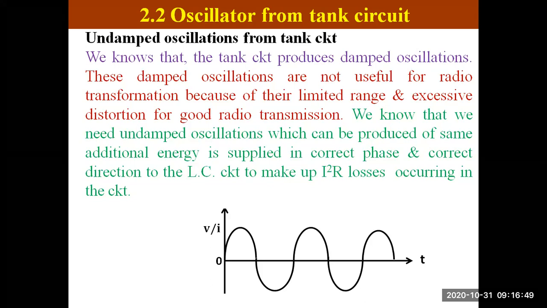Therefore, the tank circuit produces damped oscillation, and these damped oscillations are not useful for radio transmission. We know that in your home there is a radio receiver, and we can listen to sound or entertainment by using this radio receiver.